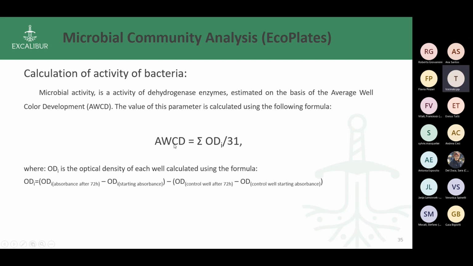We sum the optical density of the wells and divide it by 31. Why by 31? Because we do not use the result from the negative control. And here is how the optical density of each well is calculated.